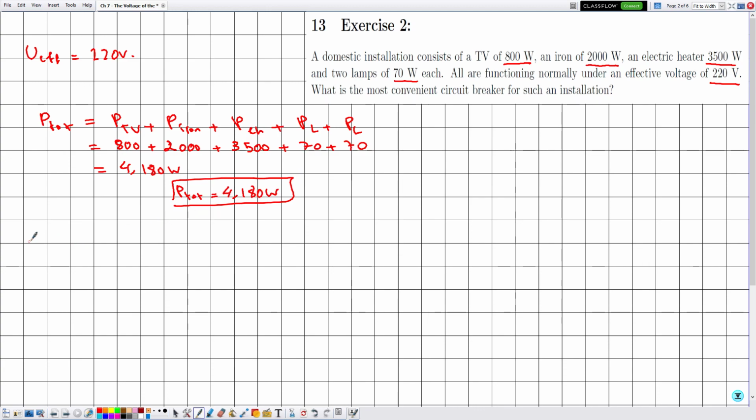Now after we have determined P total, we know that P total is related to the main current because it is U effective multiplied by I main, and we are interested in determining I main.